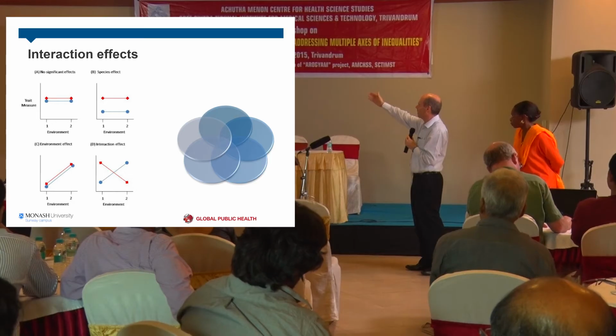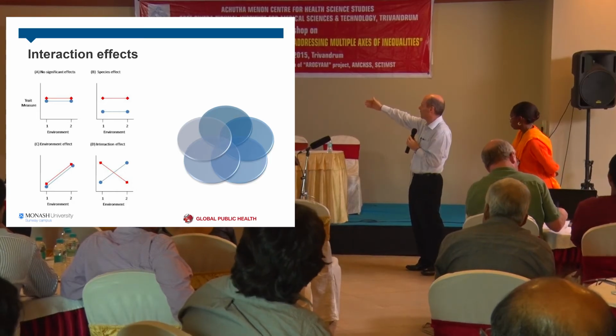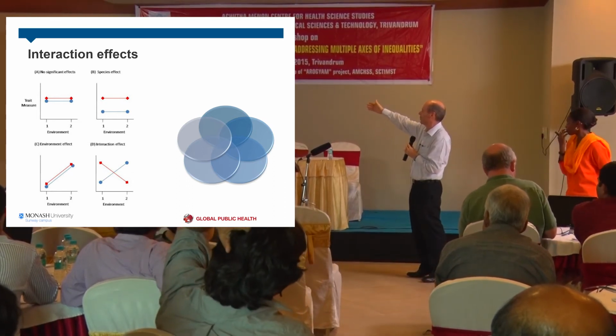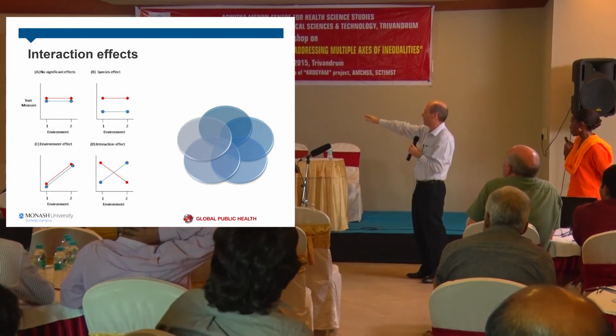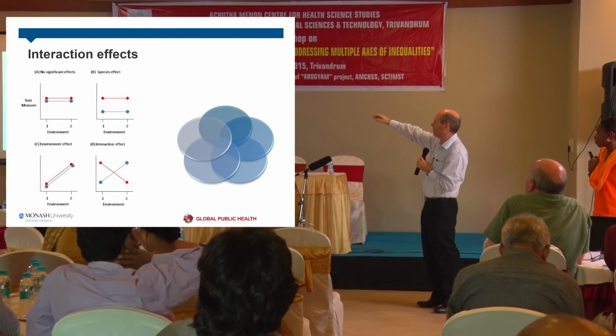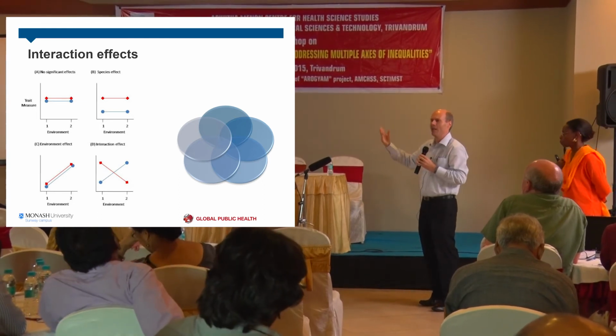So it was very much bound up in the contextual effects. We have drawn it out as a broad difference over two environments, one environment being better off than the other, and interaction effects between them. And in some ways, the interaction effects were the most interesting ones.